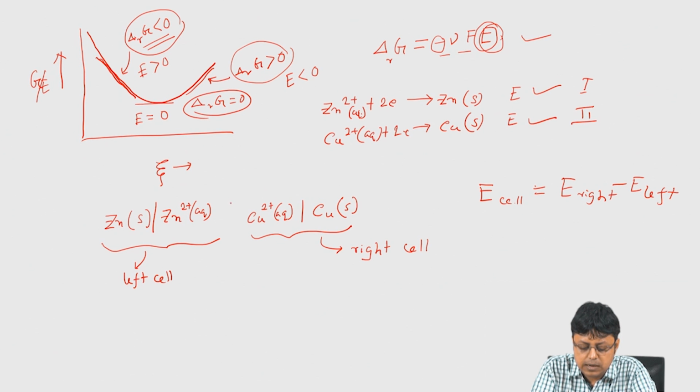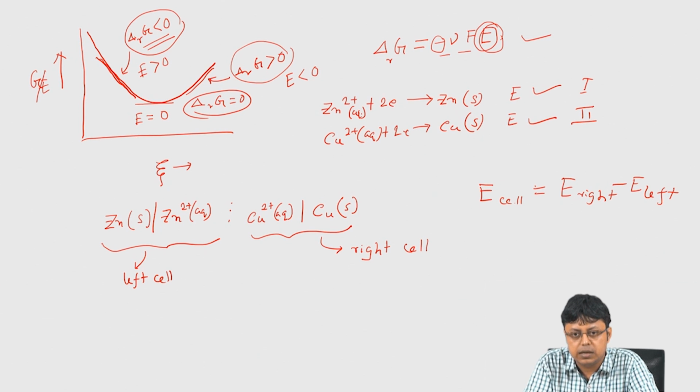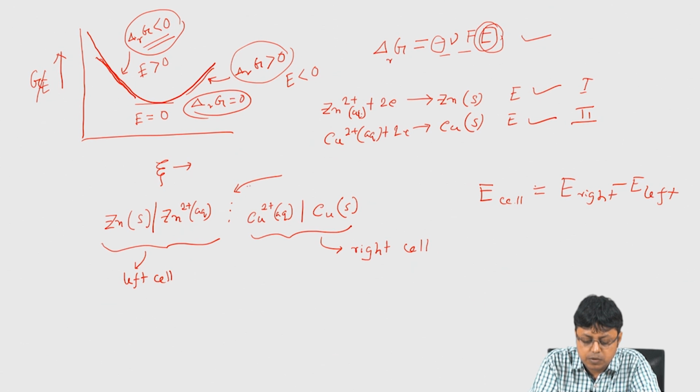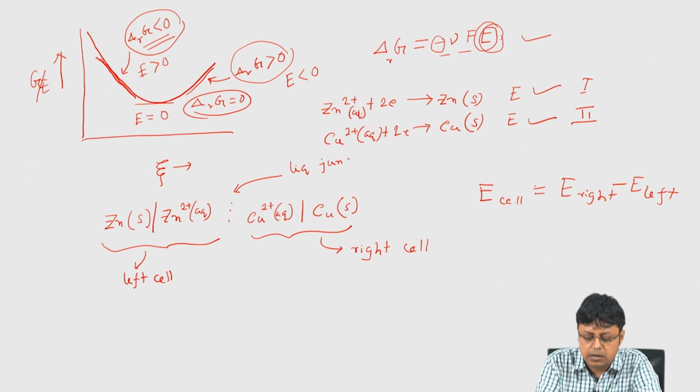We already said that there could be a porous material which creates a liquid junction potential. In this case, if it is a liquid junction potential, we just denote it by vertical dots. So, that dot denotes a liquid junction potential.